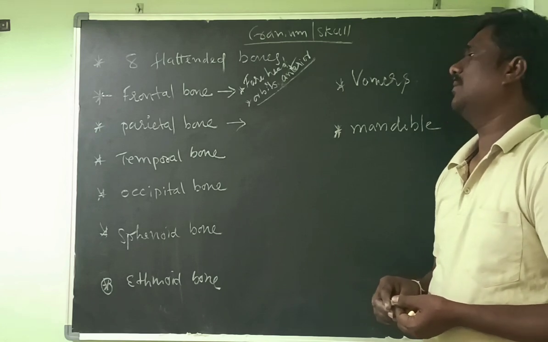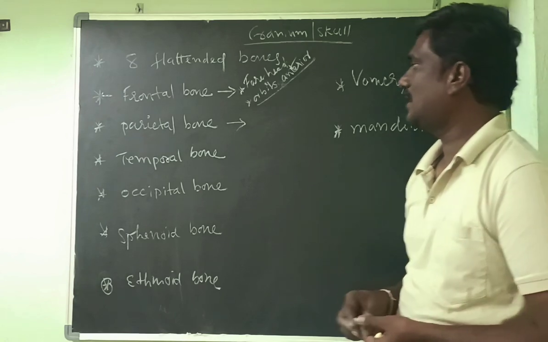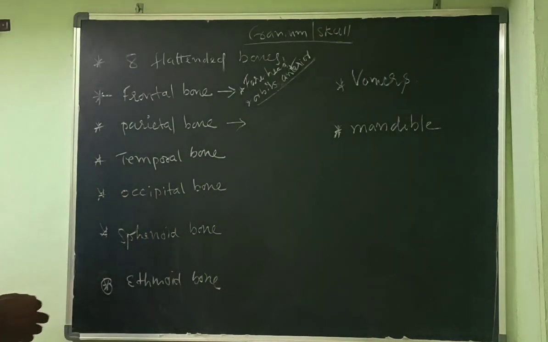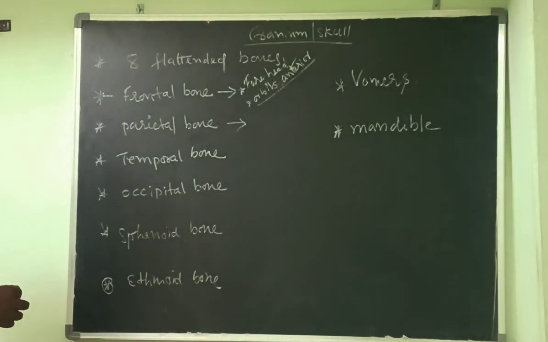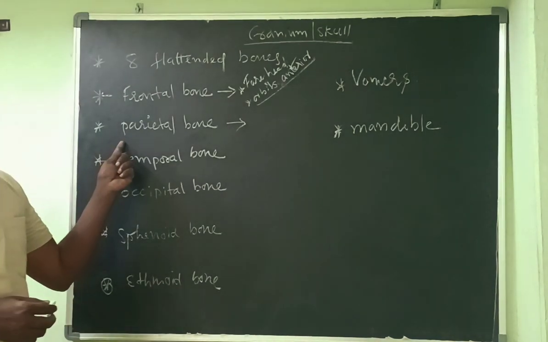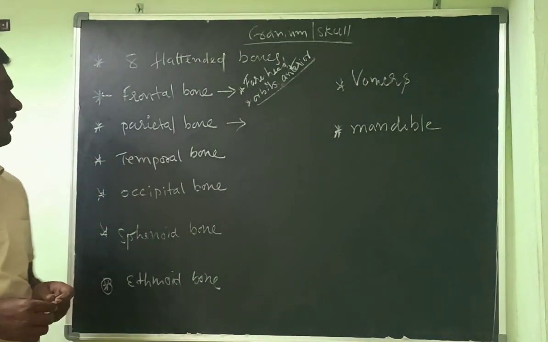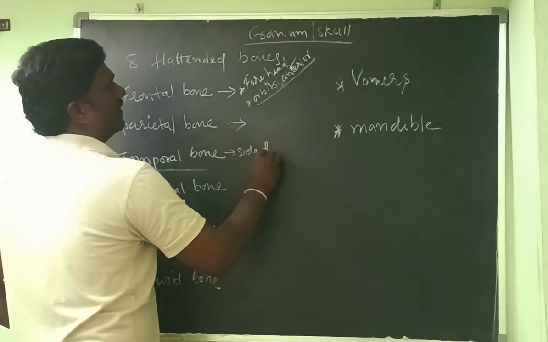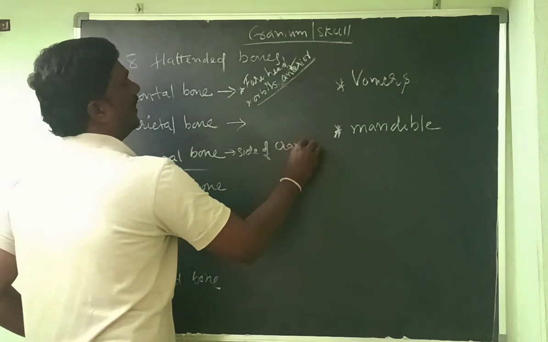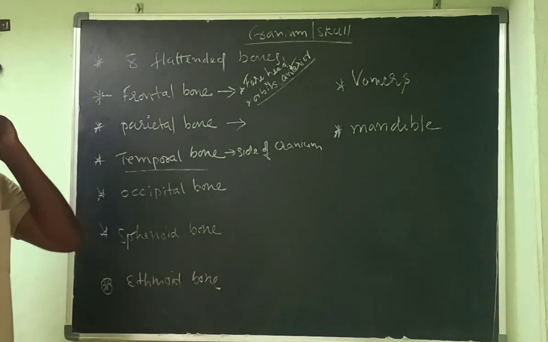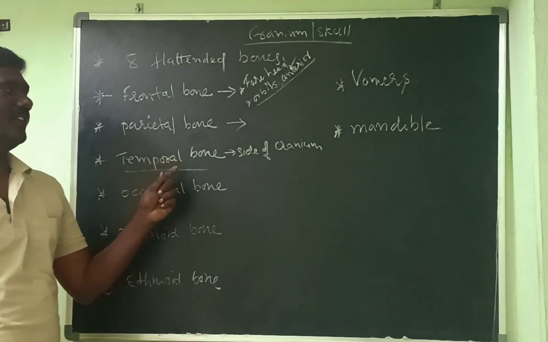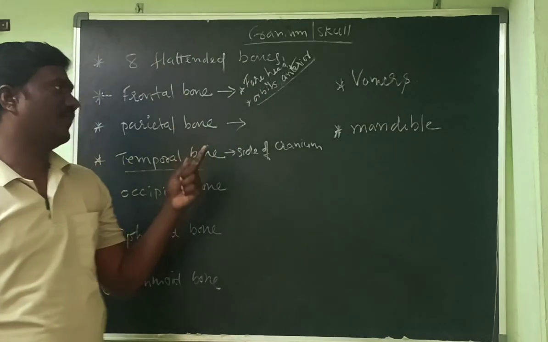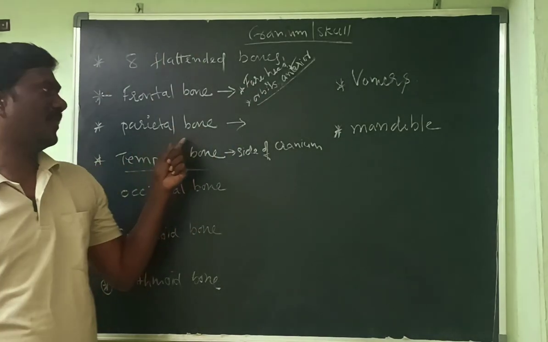So mostly the cerebrum is protected by the parietal bones, and the sides of our cranium are mostly covered by the temporal bone. The parietal bone is the upper portion, the superior part of the skull.